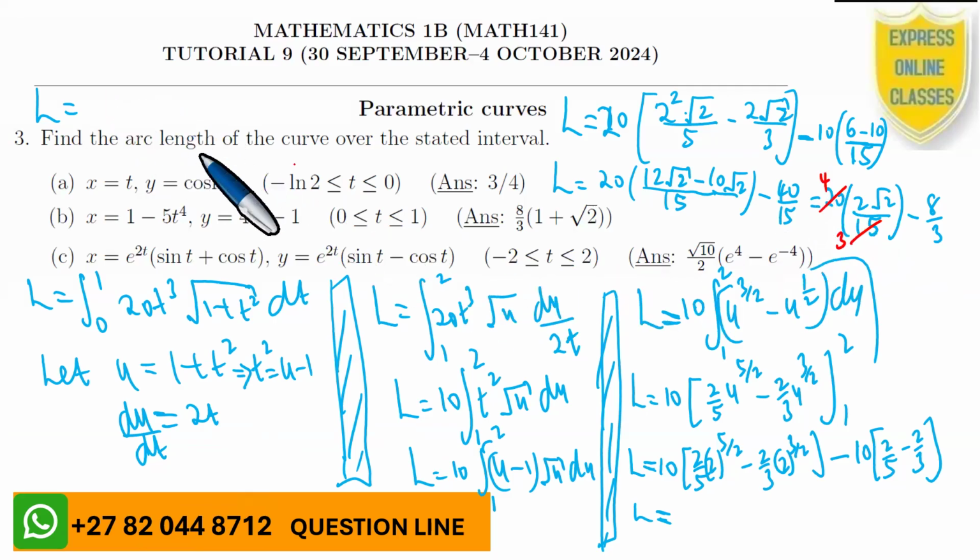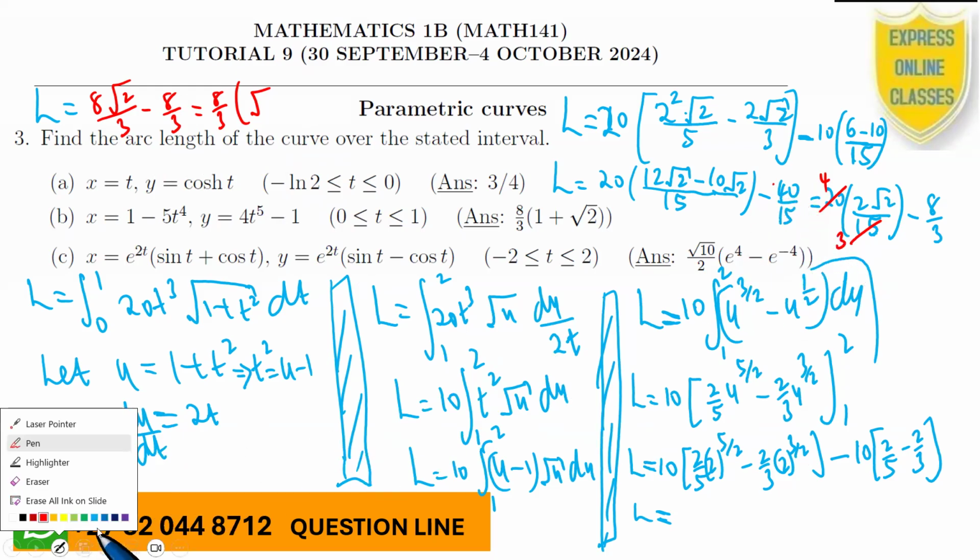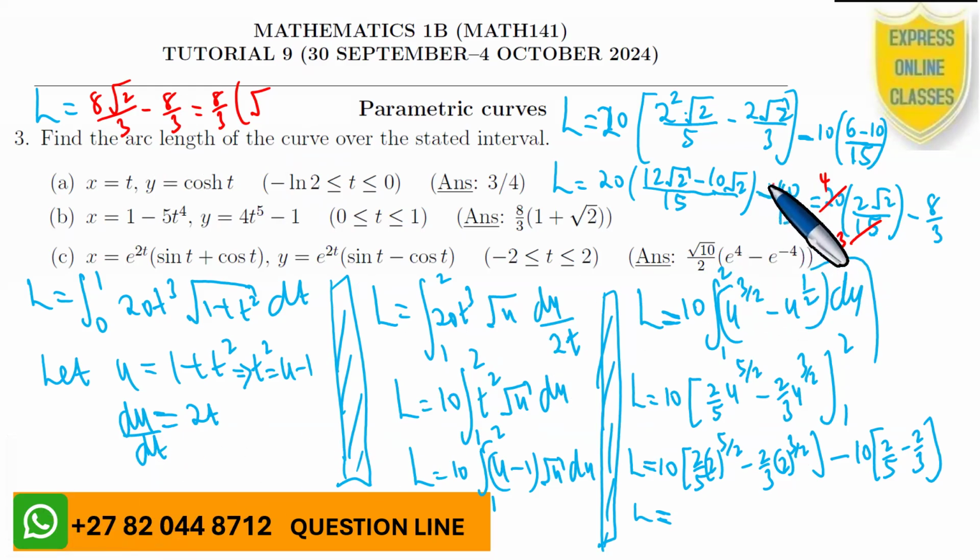And this would give us 4 by 2, would give us 8 times the square root of 2 out of 3 minus 8 out of 3. 8 is a common factor, giving us 8 out of 3. And then you'd have exactly what? Let's check the numbers. So this is going to exactly be plus.